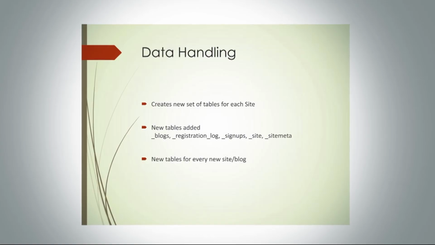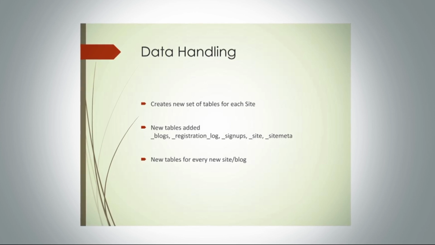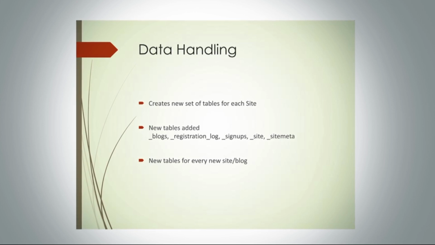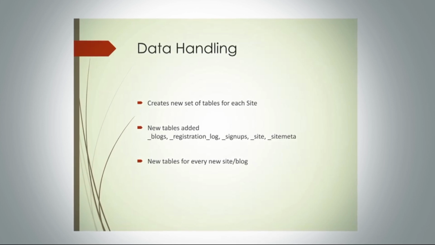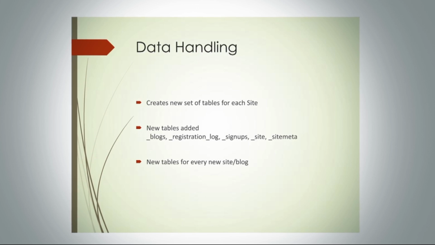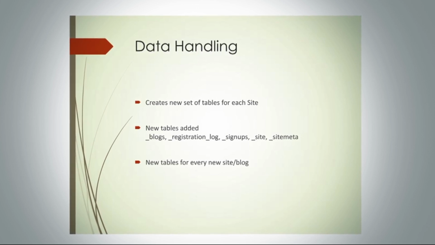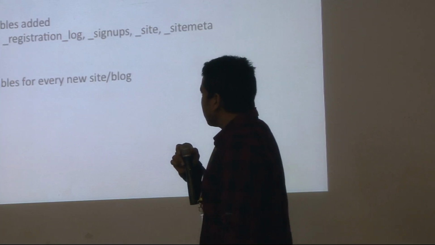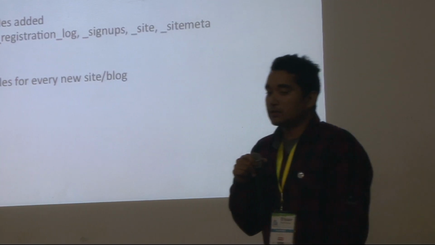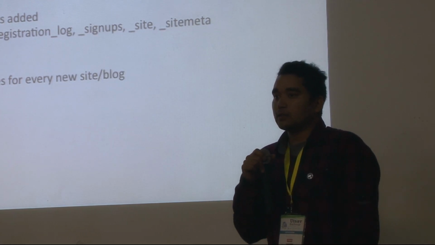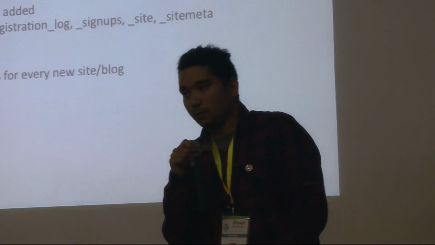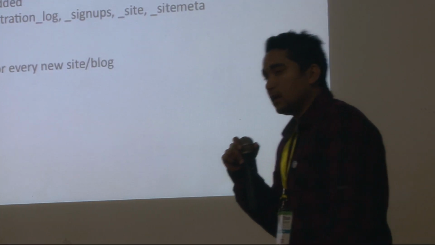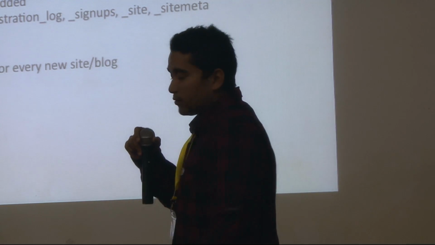So how does data handling happen in WordPress Multisite? Since you are using WordPress Multisite, there must be something different from the regular WordPress installation that lets you do this, right? What it basically does is create new sets of tables for each site. There are 9 tables repeated for each new site you make, containing the post meta, the comment meta, links, and so on.